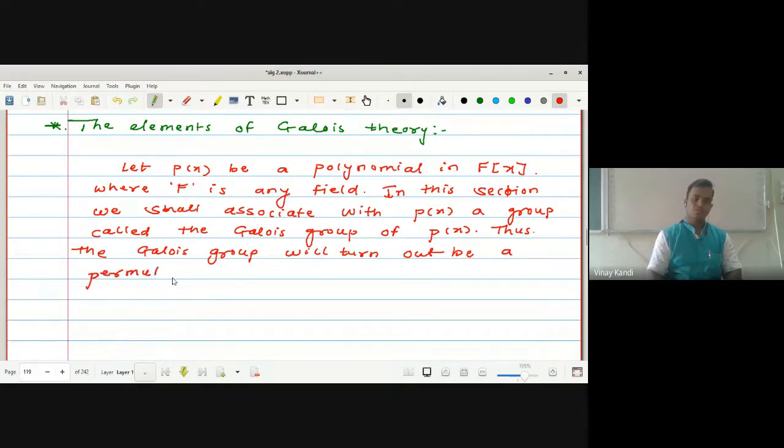What is a permutation? One-one onto functions from a set to that set itself, a finite set. So it is a certain permutation group of the roots of the polynomial.